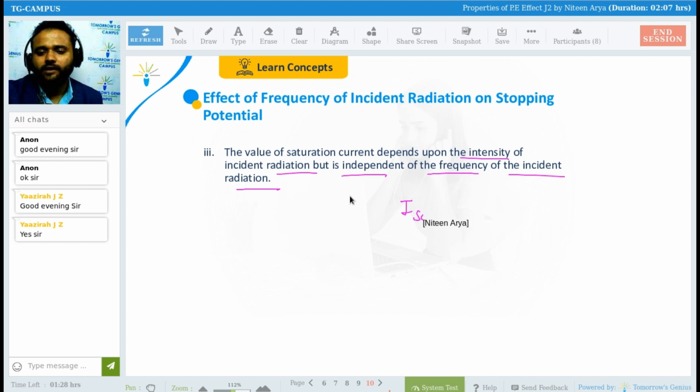You can write it this way: I saturation is directly dependent on intensity.